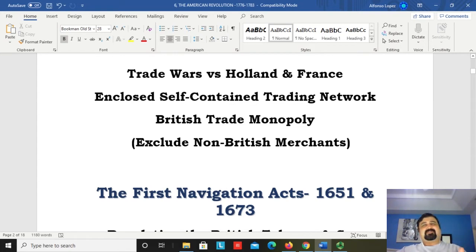Remember, we covered in the past that the way the British established their colonies was by issuing charters to private merchants who were creating joint stock companies. Those were trading companies that were to establish themselves in North America on behalf of the mother country, on behalf of the monarch, to produce items that the mother country was going to receive for the purpose of exporting them around the world.